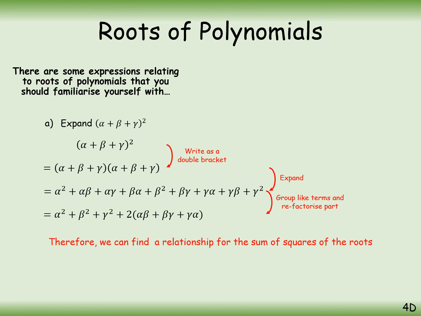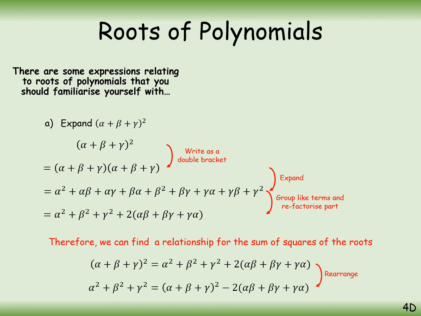We can find a relationship for the sum of squares of the roots. If we rearrange this, you will see the following: alpha squared plus beta squared plus gamma squared is equal to this, and alpha plus beta plus gamma all squared is equal to this.